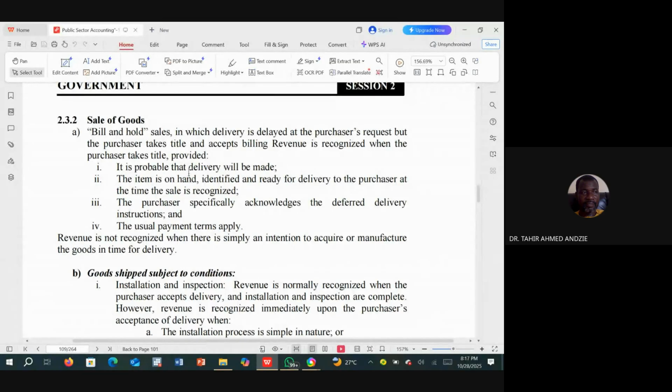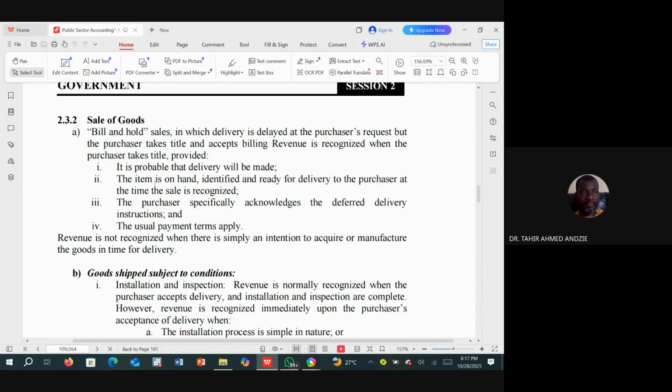So anytime he comes, he can come and take his goods, and you have the goods there to deliver, you can recognize your revenue. But if the customer has paid and been billed, and you have not delivered, and if the customer comes for his goods you cannot deliver them, you cannot recognize revenue.